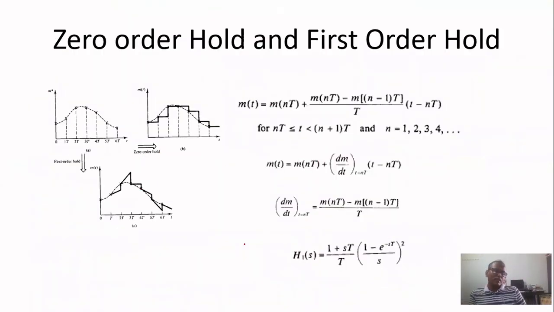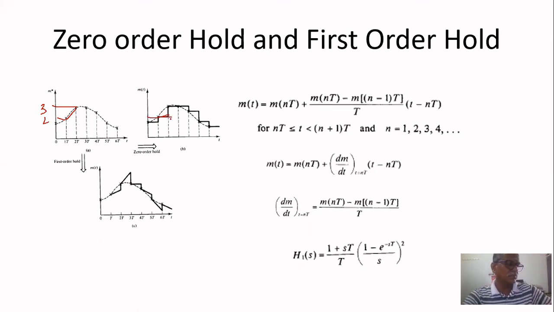On the other hand, one more hold circuit is there, called the first order hold circuit. Here you notice that the signal is continuously varying from say 2 volt to 3 volt. But a zero order hold remains horizontal till the next value.